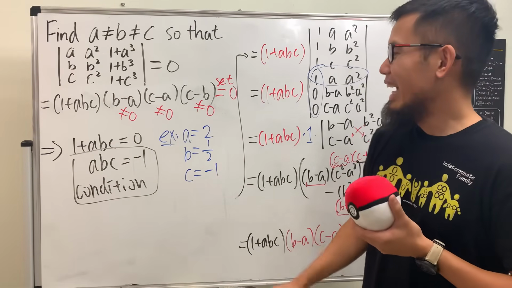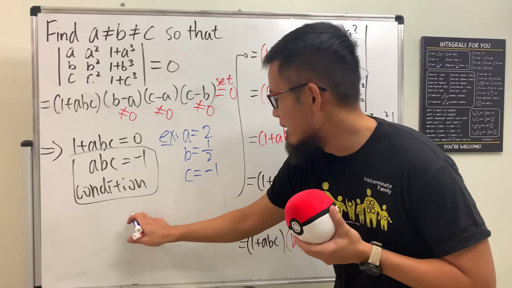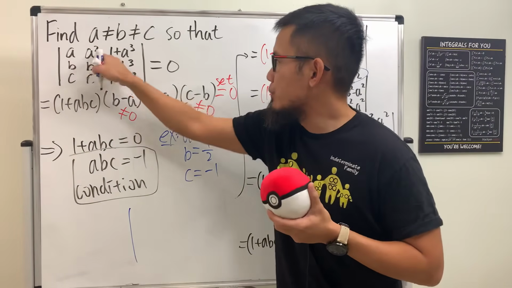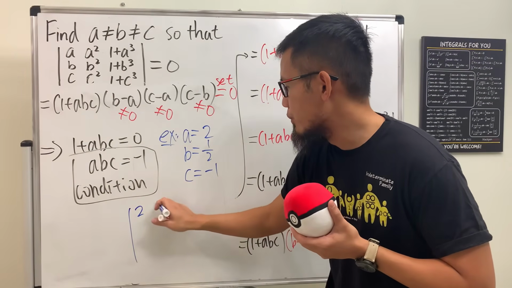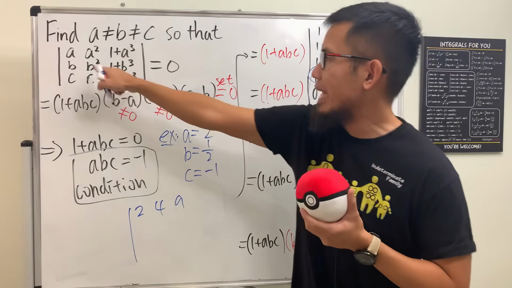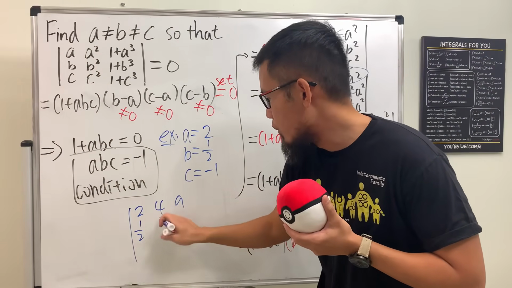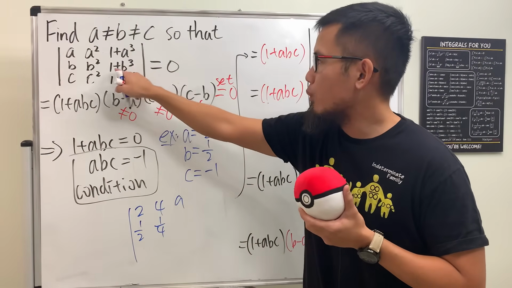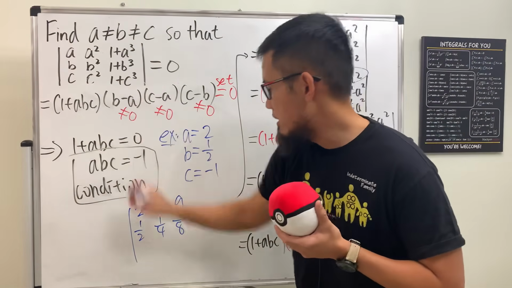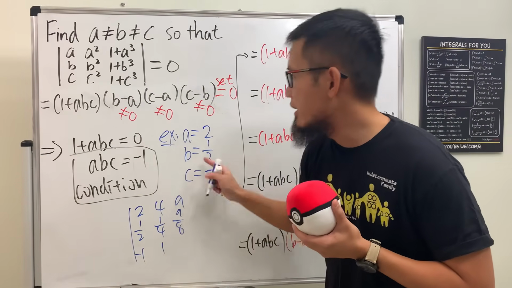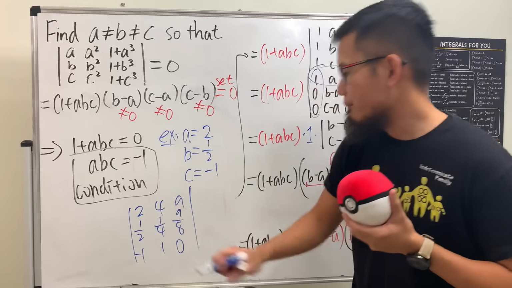Okay? And then just plug in, then you will see that, let me tell you, we have 2 squared and 1 plus 2 to the third power, so we get 2, 4, 9, and then put a 1/2 in there, we get 1/2, 1/4, and then 1 plus 1 over 8 is 9 over 8, and lastly, -1, 1, and 0.